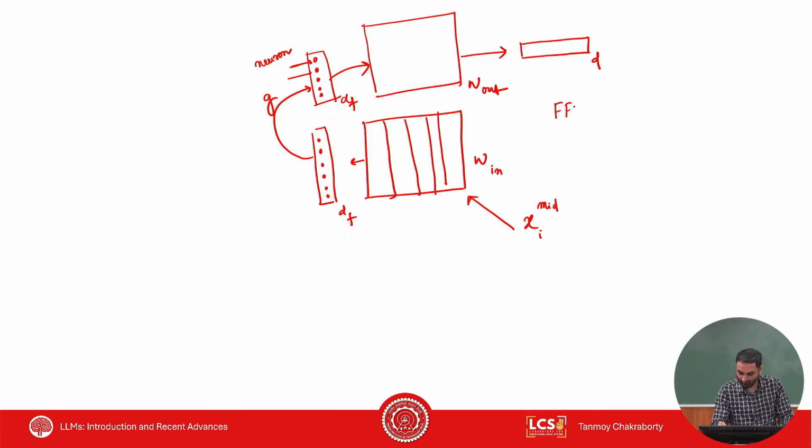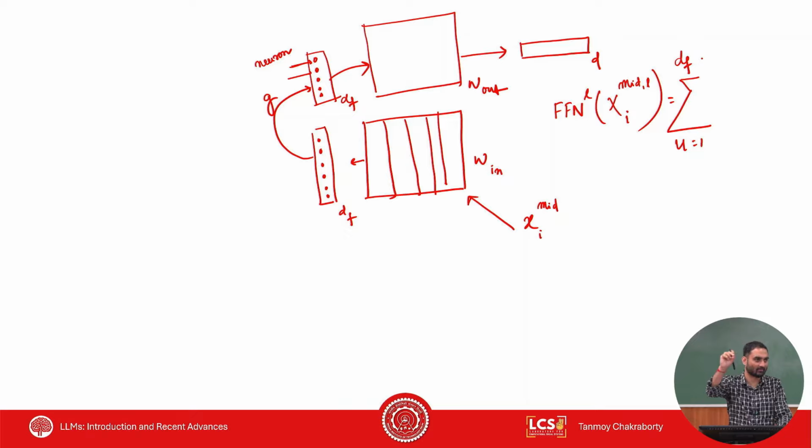So for the feed forward network at the lth layer, the input is x. What is the input? Xi mid at the lth layer, right? It would look like this: u equals 1 to df. What is df? Df is the dimension of the intermediate layer, right?